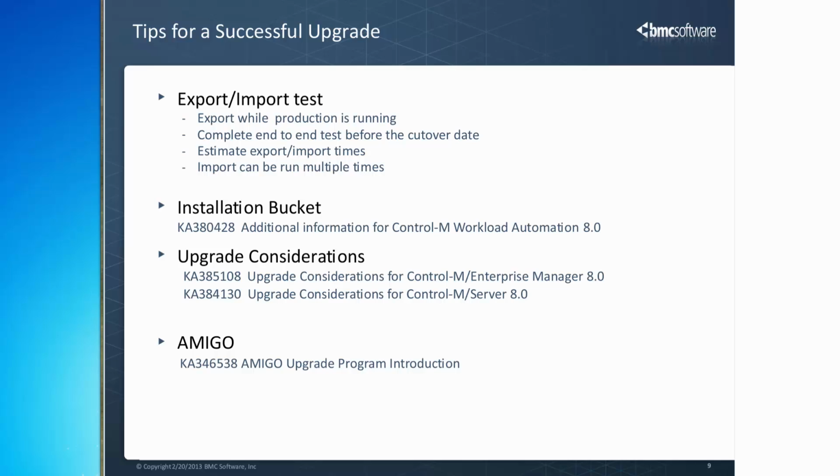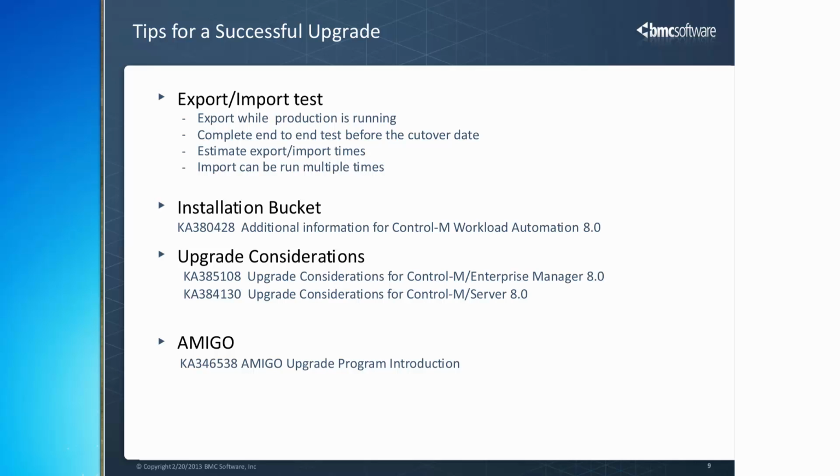It'll have a list of any additional knowledge articles about any gotchas or new information regarding the version 8 installation. Likewise, for the upgrade process, we also have 2 knowledge articles, one for the EM and one for the server, with any of the same last-minute information regarding the upgrade process and the upgrade toolkit and any gotchas or things you need to know about for that.